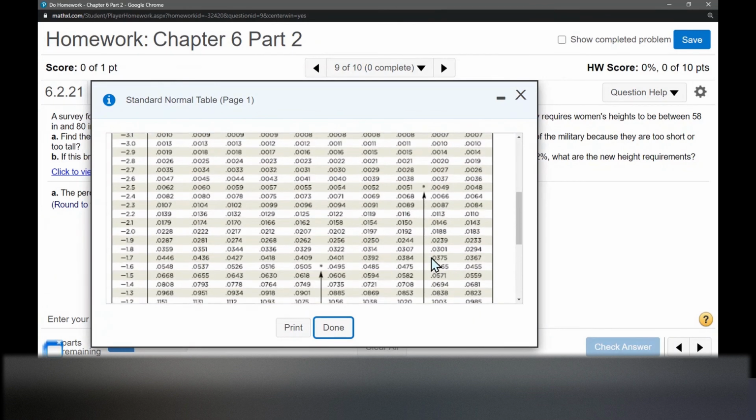So negative 2.24, where would that be? Negative 2.2 right here, and then 0, 1, 2, 3, 4. So 0.0125.